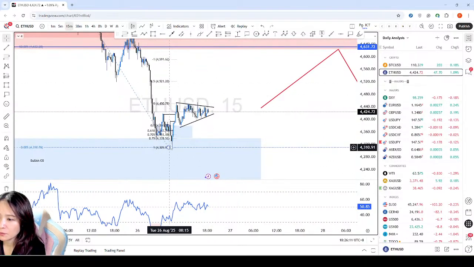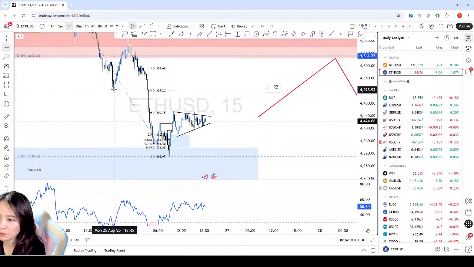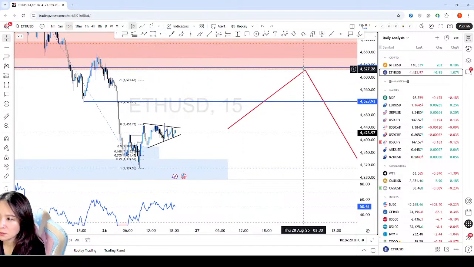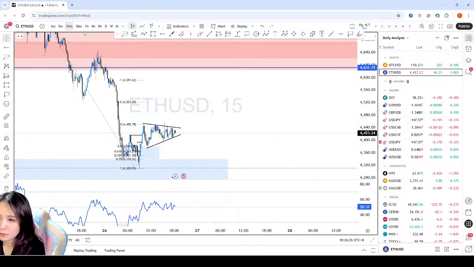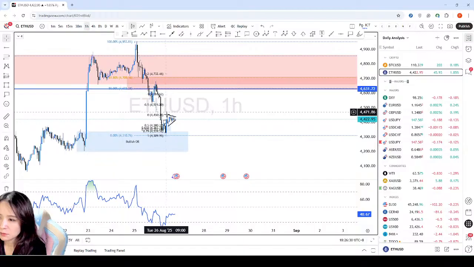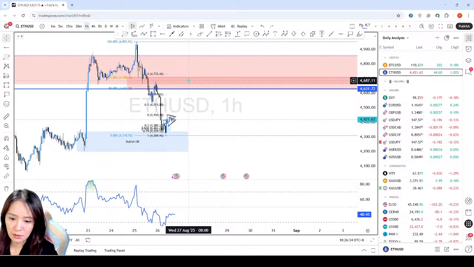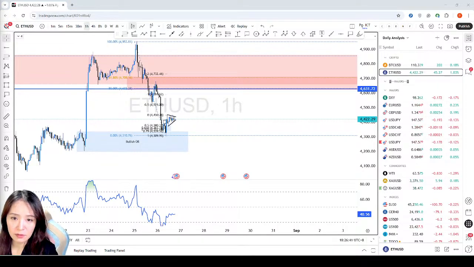So if you were to buy from here, at least here is your take profit, right? TP1 here and TP2 there. Now it's within a triangle. Buy here. If you want to sell, that's going to be your sell zone for Ethereum.